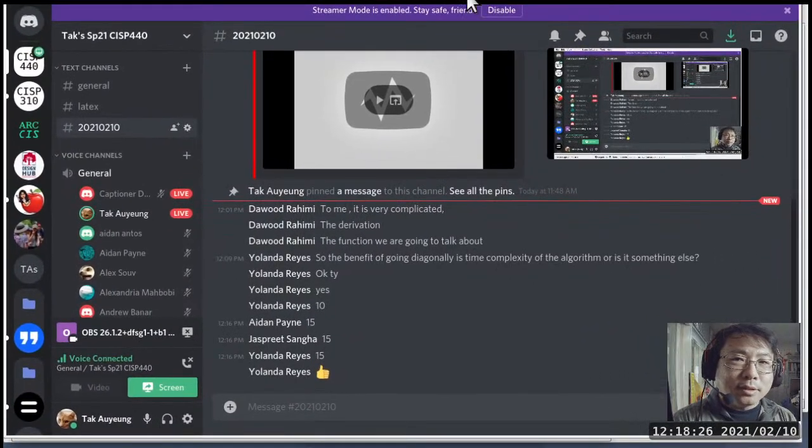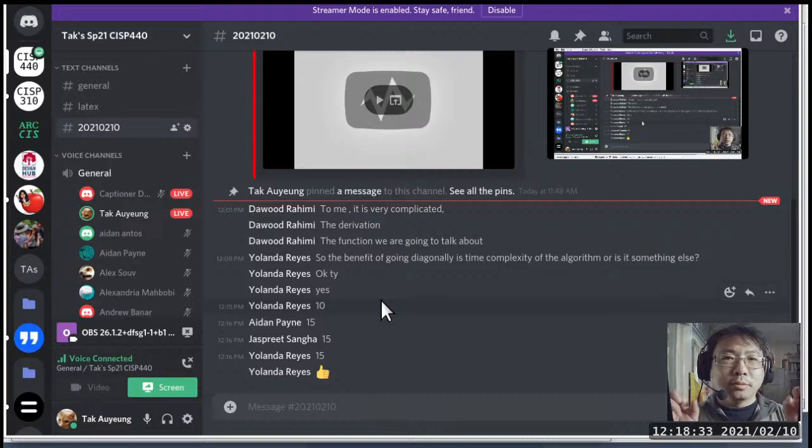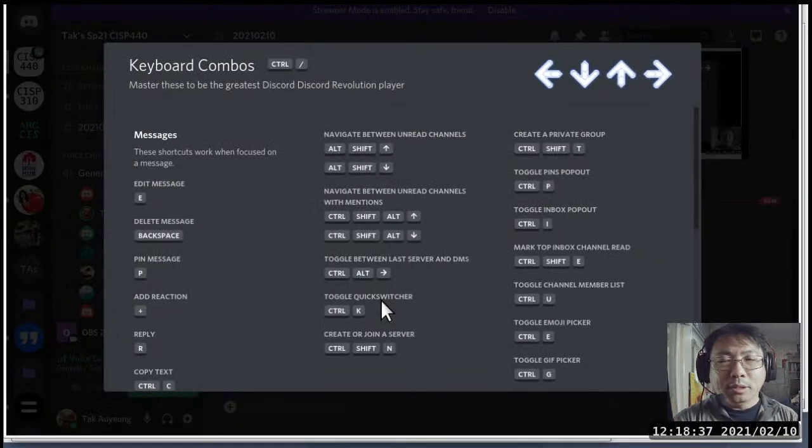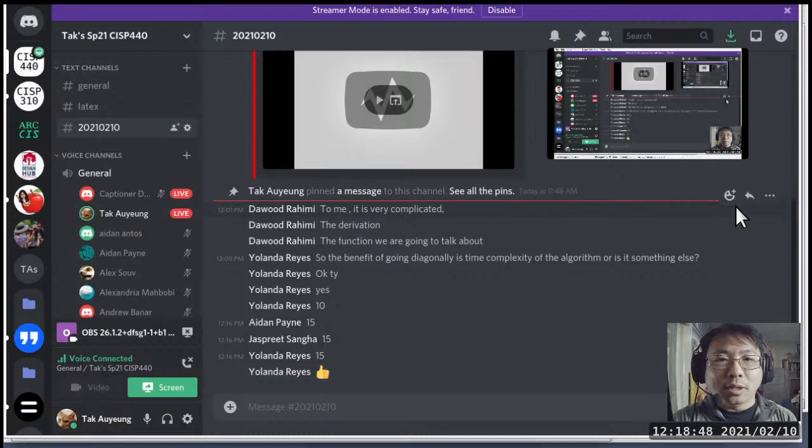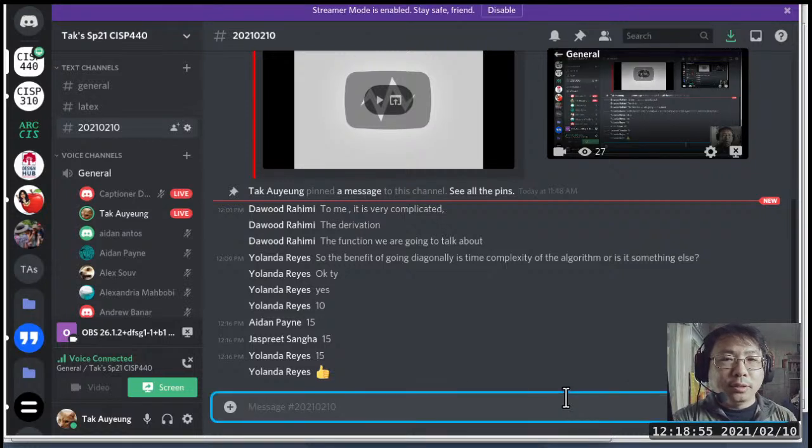Alright, so this is the Discord window that we have for today's class. So what we can do is, the first thing is you have to quote unquote select a message. Oh, by the way, this is what appears when I type Control/, and this is the description. It says these shortcuts work when focused on the message. So now the question is, how do we focus on the message? So the first thing we do is to press the Tab key, and that will focus the editing area to type a new message.